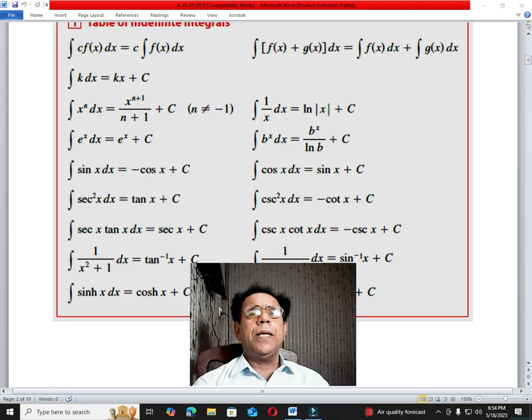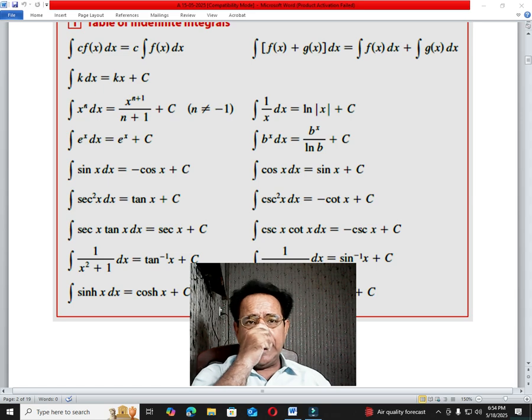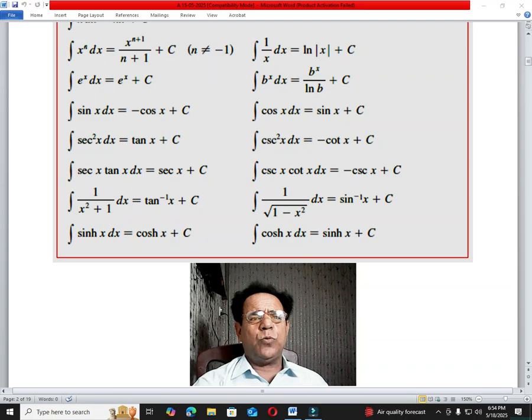For example, this formula will be used: integration of 1 over x dx is equal to log of the absolute value of x plus c. Similarly, integration of cos x dx is equal to sin x plus c. This formula will also be used, and some more formulas will also be used.